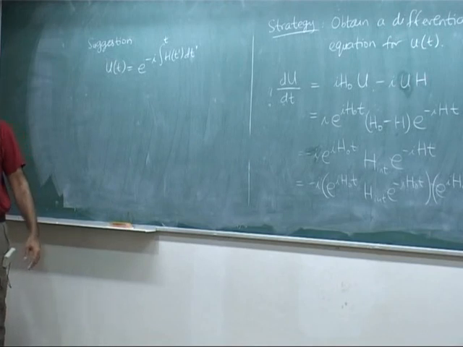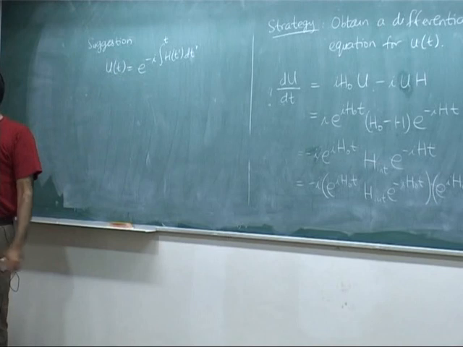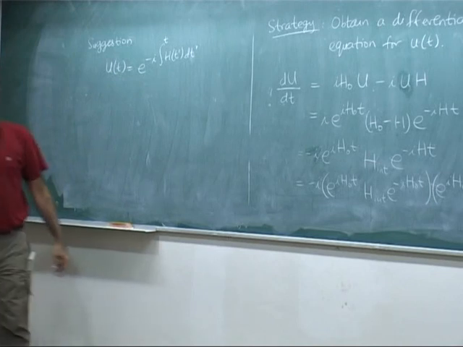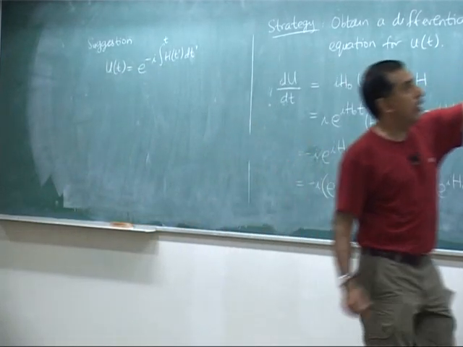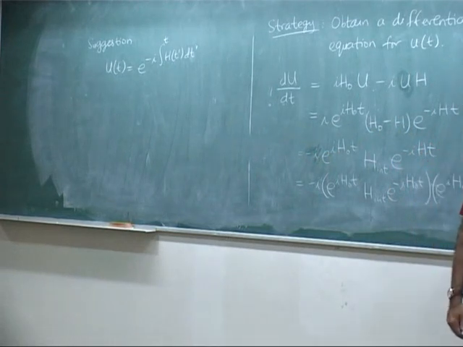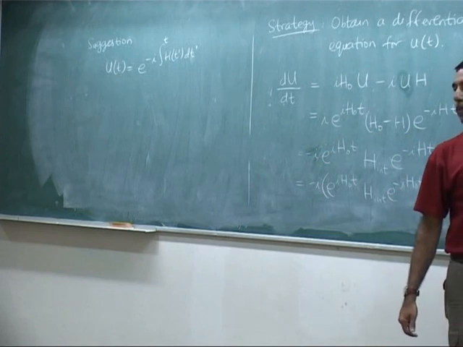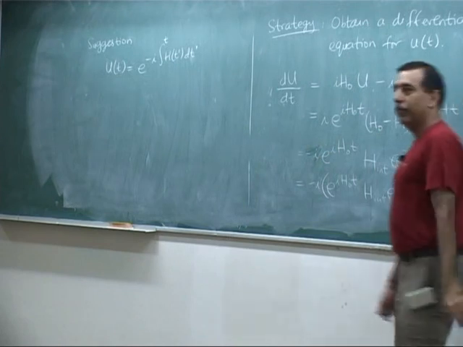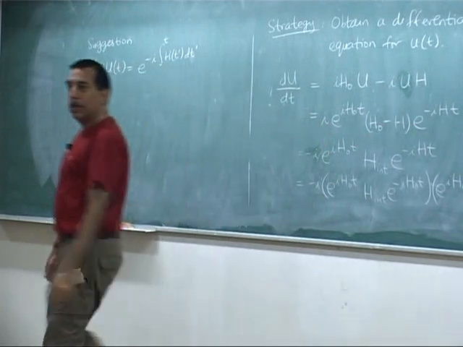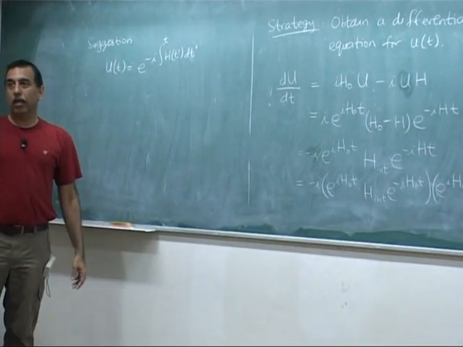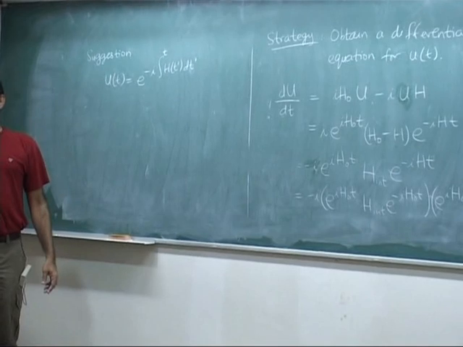No. H is time dependent. That's perfectly fine. H_I is time dependent. It's the interaction picture Hamiltonian, and it evolves from the interaction Hamiltonian by the time evolution operator of the free theory. So it's time dependent. They are operators, yes.